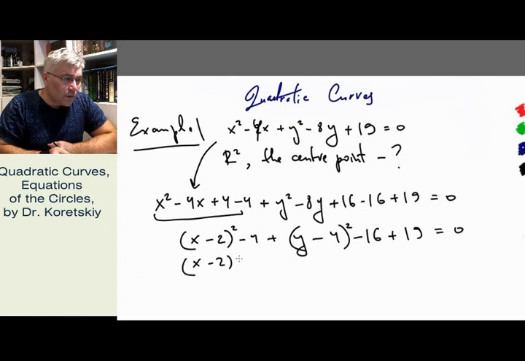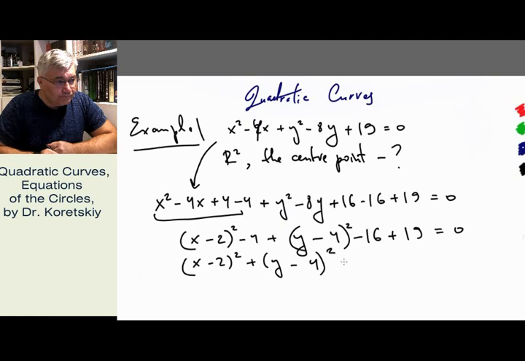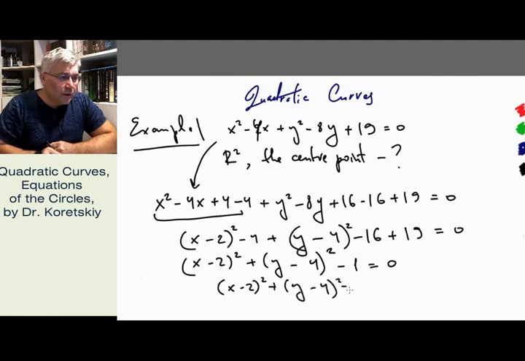So I have here x minus 2 squared plus y minus 4 squared minus 4 minus 16 and 19 gives minus 1, and all of these things equals 0. And if I move minus 1 to the right side of this equation, I have x minus 2 squared plus y minus 4 squared equal 1.